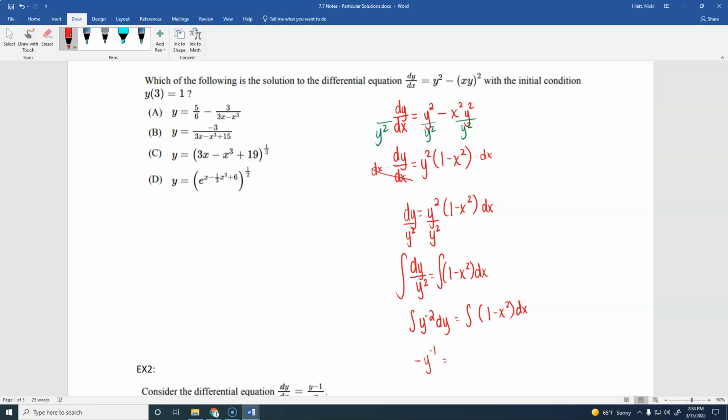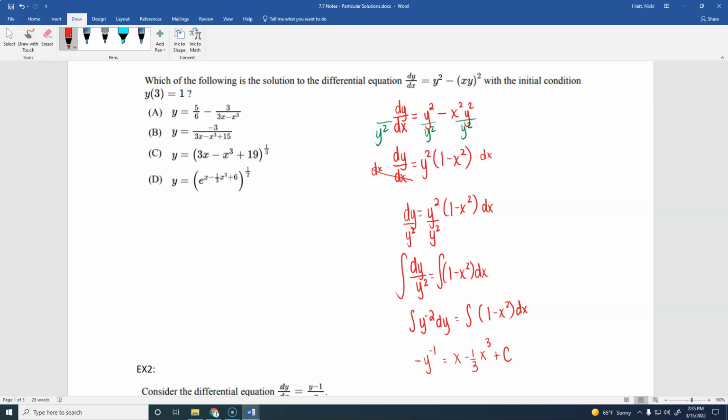And then over here, when we integrate, we'll get x, and then we'll have x to the 3rd. We'll divide out front by 3, so we'll get 1/3, and we'll put the plus c right here. Yes, you have to put the plus c, but we need to find what the c is. So there's going to be more steps after this.